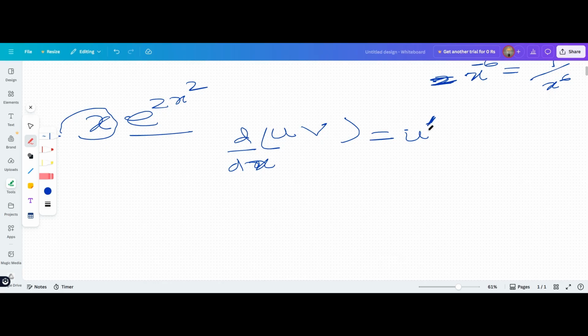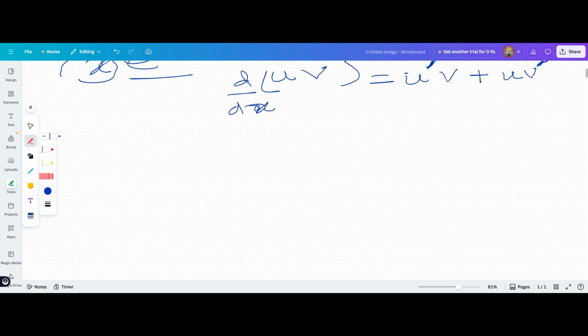This dash means we are differentiating. So u dash means we differentiate u and write v as it is, plus we write u as it is and differentiate v. It may feel a little complicated, but we'll see.